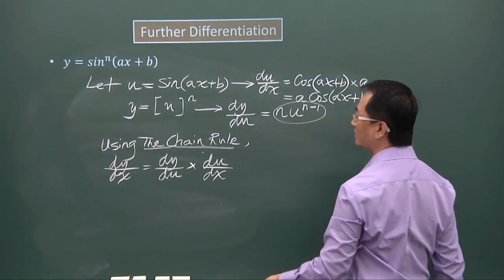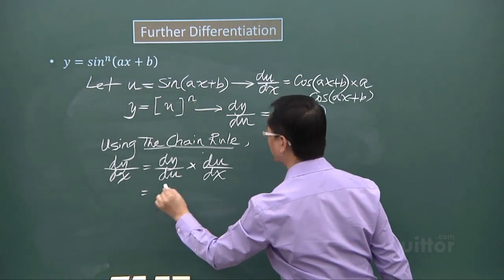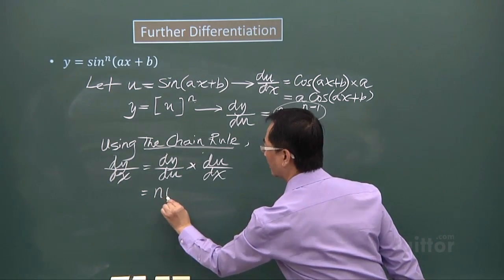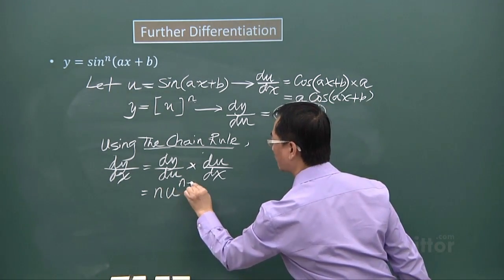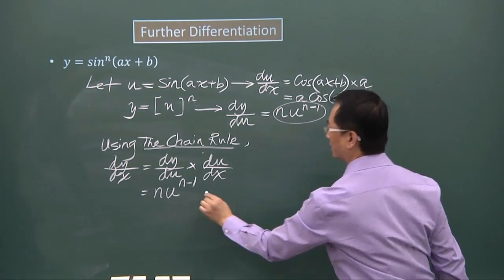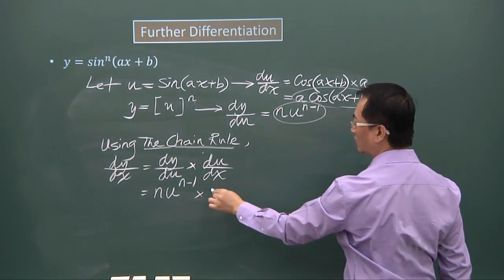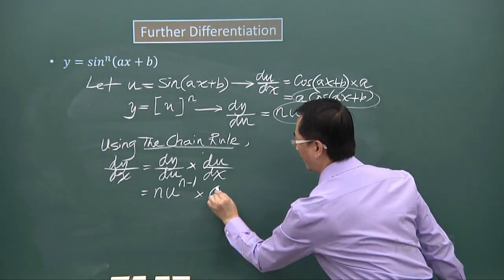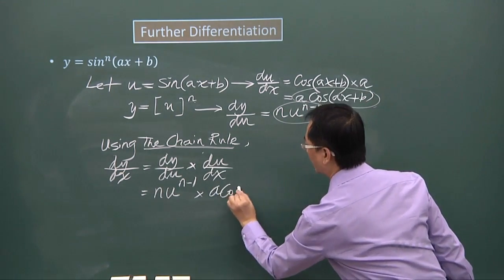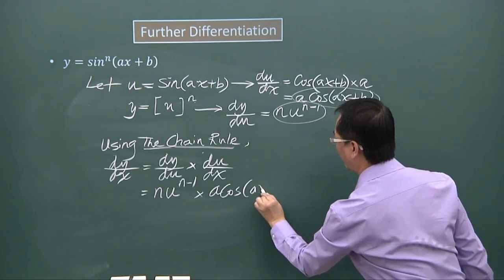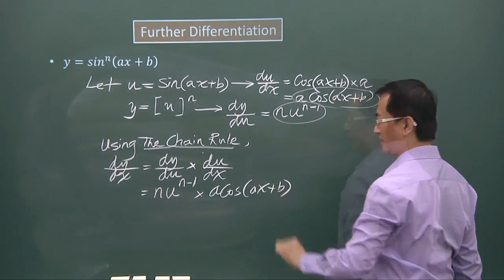This expression is transported here, and u to the power of n minus 1 times this expression will drop into this place, a cos bracket ax plus b.